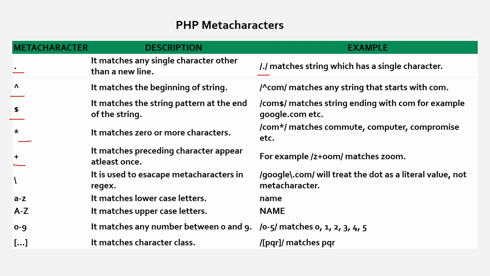Asterisk matches 0 or more characters. Plus refers to the preceding character appearing at least once. Backslash is used to escape a meta character.